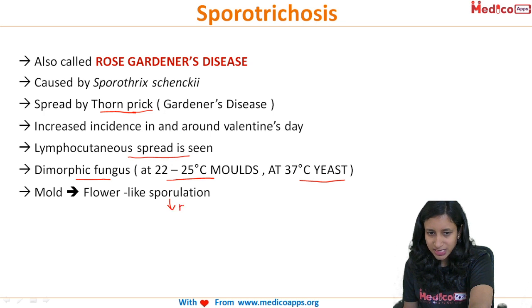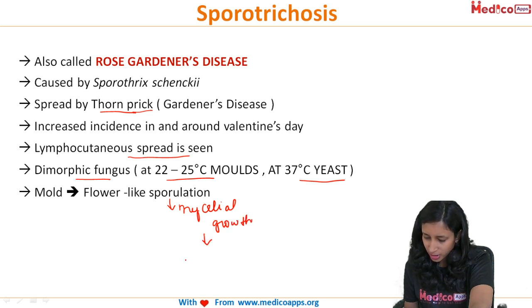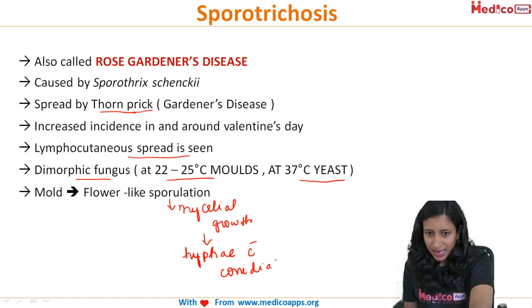So at this stage it's a mycelial growth, and the mycelial growth basically consists of hyphae with conidia and a typical flower-like arrangement.